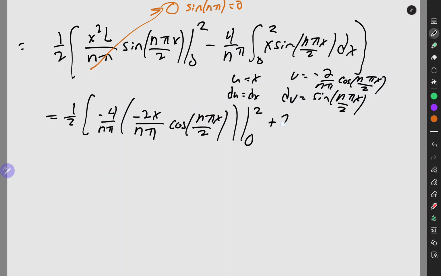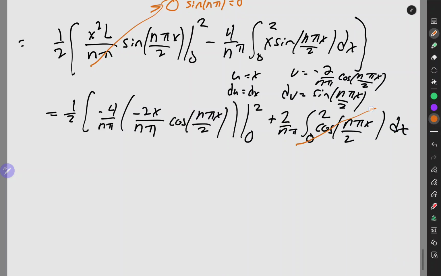Because this part right here, if you didn't see already, is 0 because of this, after you integrate.